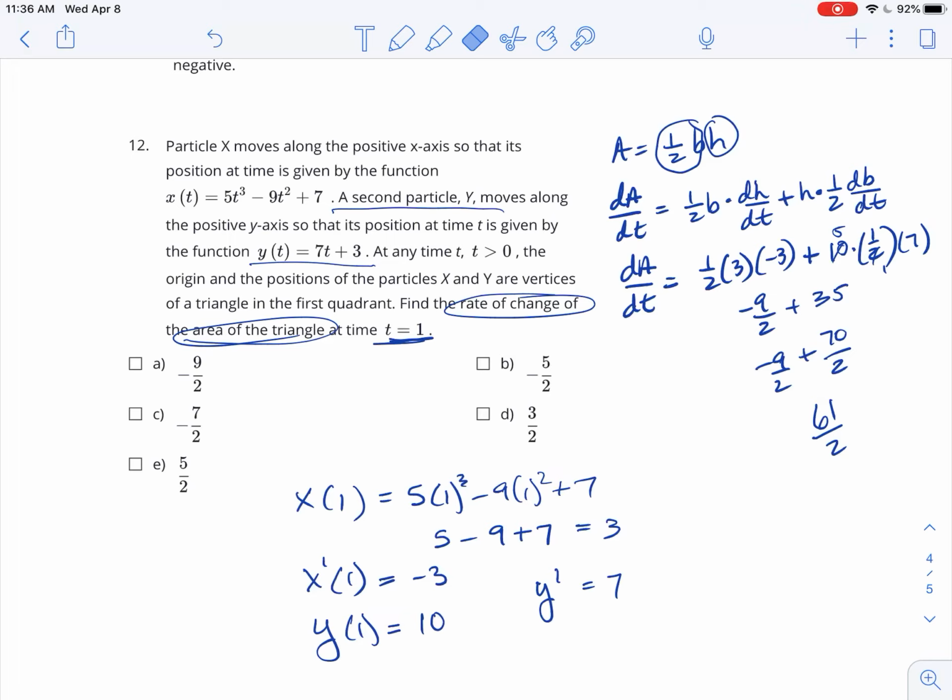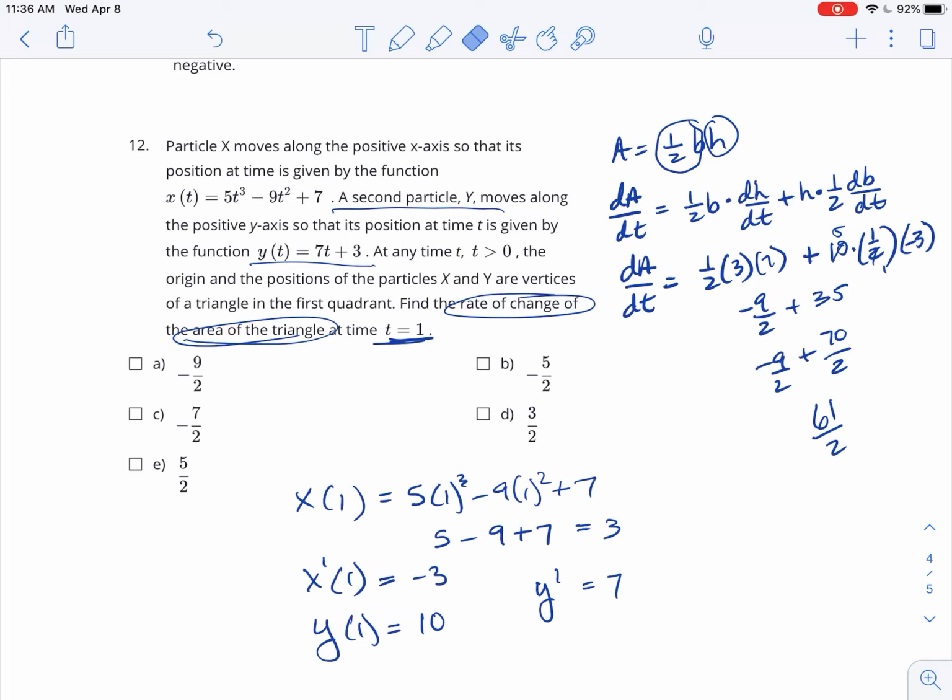So let's see what I did wrong. 1/2 times the rate plus h times, so 1/2 times 3 times the rate of change. Oh, I see what I did wrong. Sorry, guys. That should have been 7. It's dH/dt.